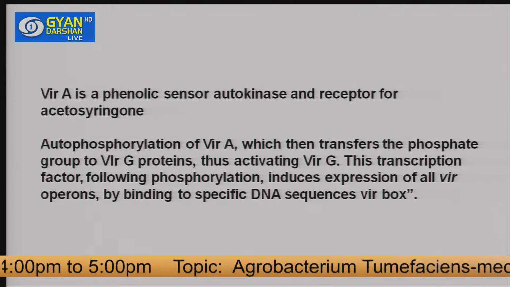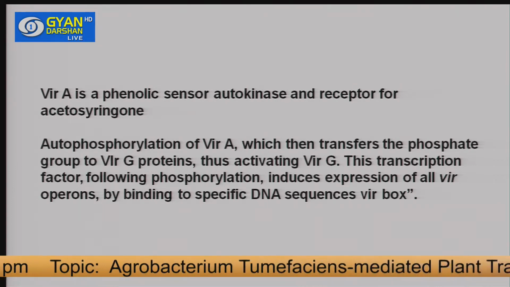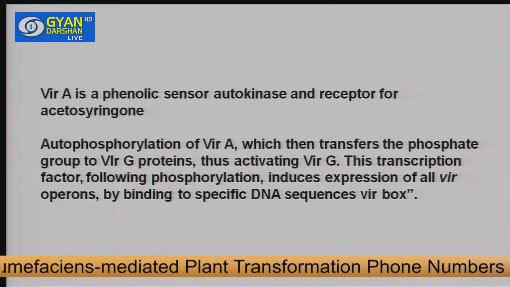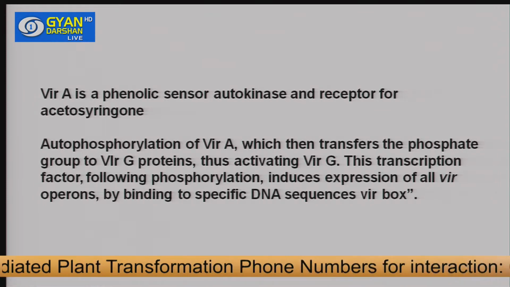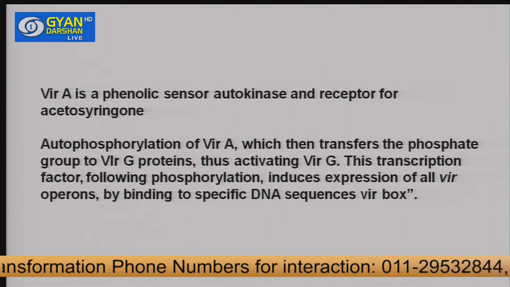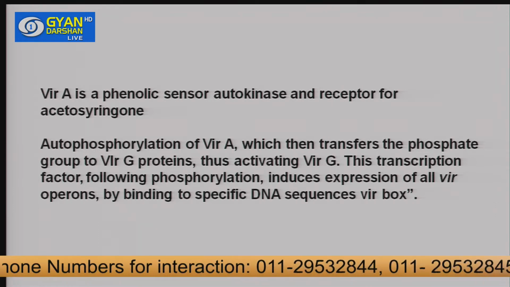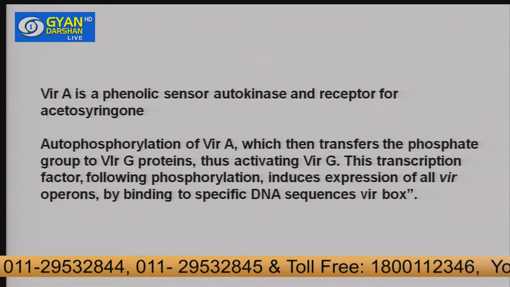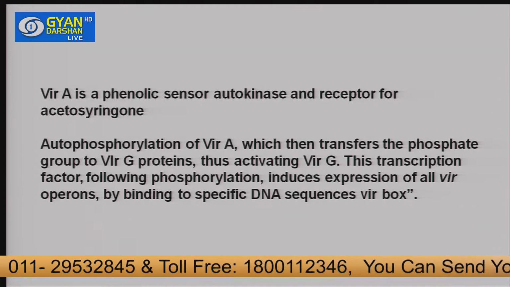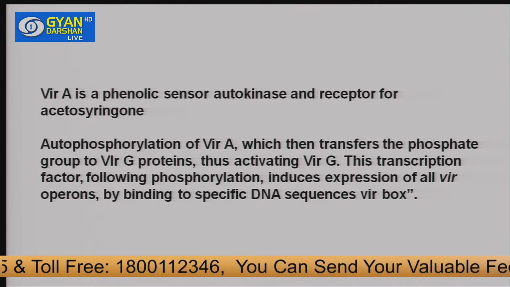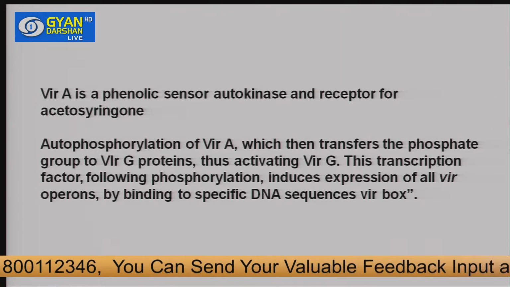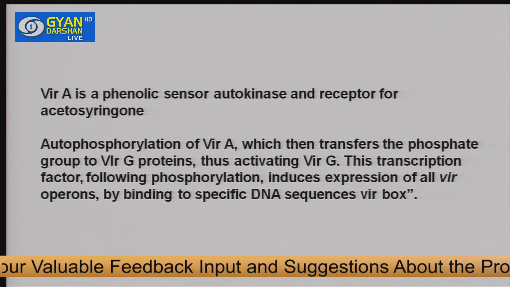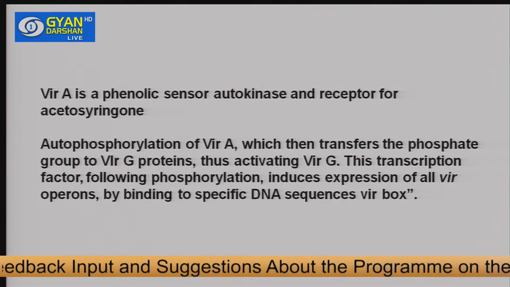So there is an autophosphorylation of VirA, and thereafter, after it undergoes this phosphorylation, it transfers the phosphate group to VirG, and therefore VirG gets activated. So VirA is an autokinase, there is an autophosphorylation, and thereafter it transfers the phosphate group to VirG, VirG gets activated, and it is a transcription factor, which means that several genes are under the control of VirG. That is, when VirG gets activated, there are several downstream Vir genes.